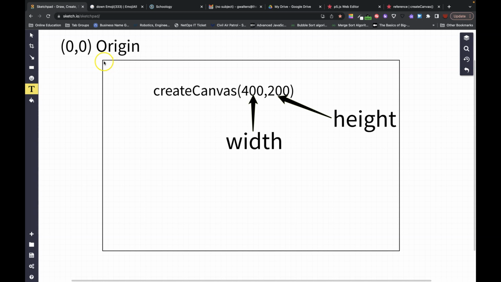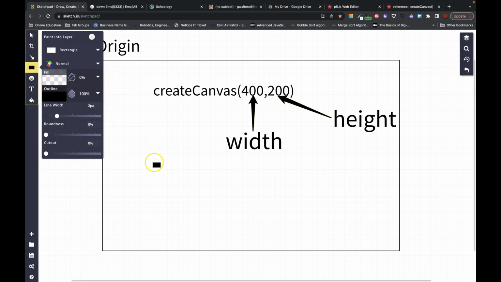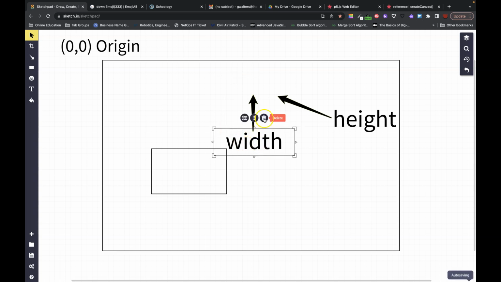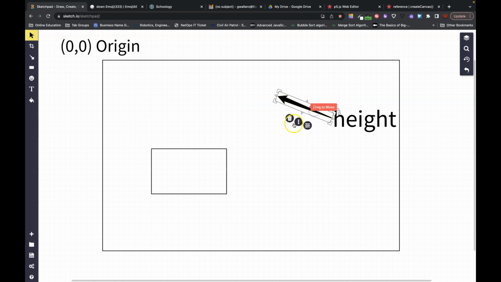So everything that I draw, when I am drawing a rectangle on my canvas, and let me remove some of this stuff, I am drawing it based off of where that origin is.